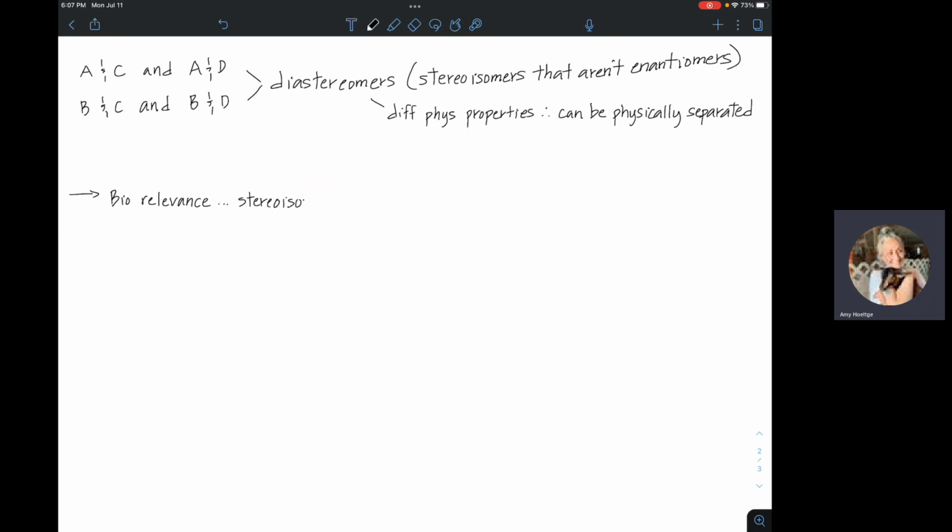stereoisomers can be active for good or bad. Meaning, you take a medication and it's doing what it's supposed to do for you, I would consider that good, right?